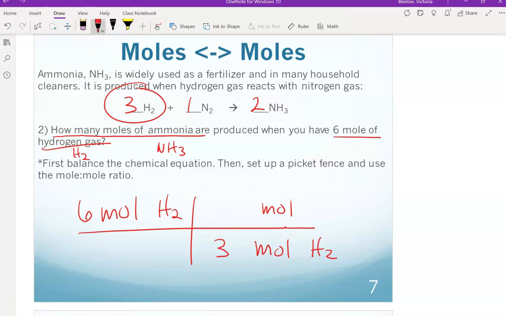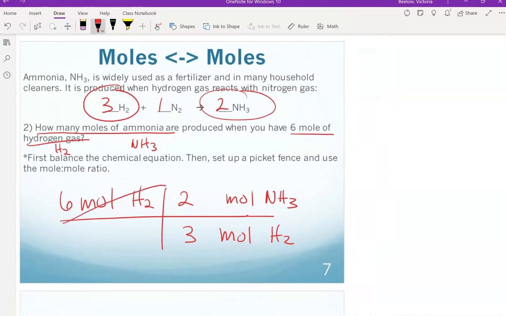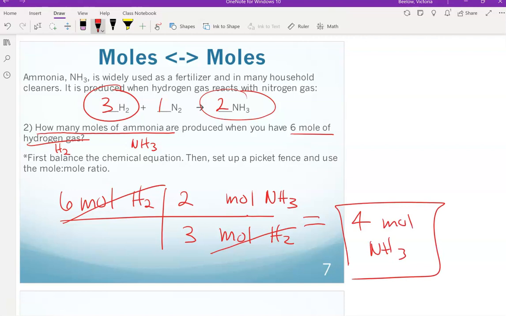And in this case, this question is asking how many moles of ammonia, which is NH3. And according to the balanced equation, that is 2. Moles of H2 cancel in the top and bottom, and I'm just left with moles of NH3. So we multiply everything in the top: 6 times 2 would be 12, and then we divide by what's in the bottom. We have 3, so 12 divided by 3 is 4 moles of NH3 would be the final answer.